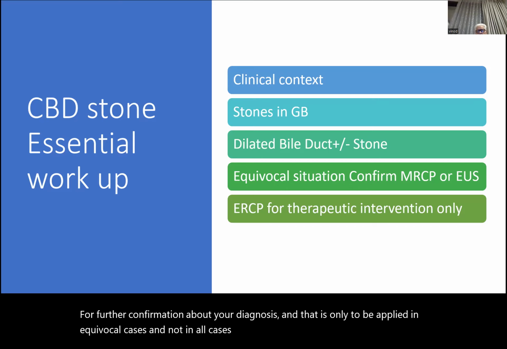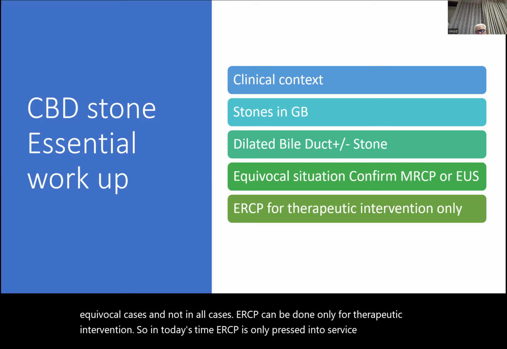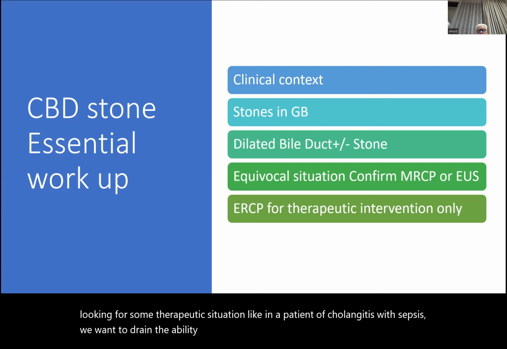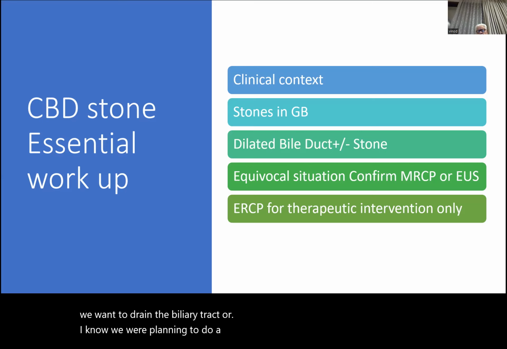ERCP can be done only for therapeutic intervention. So in today's time, ERCP is only pressed into service when we are looking for some therapeutic situation, like in a patient of cholangitis with sepsis, we want to drain the biliary tract, or we were planning to do removal of the stone by papillotomy.